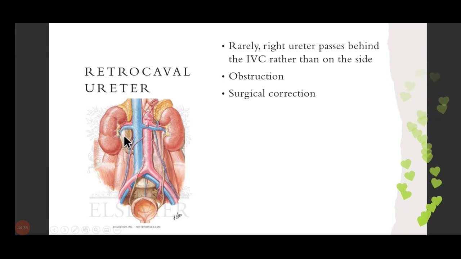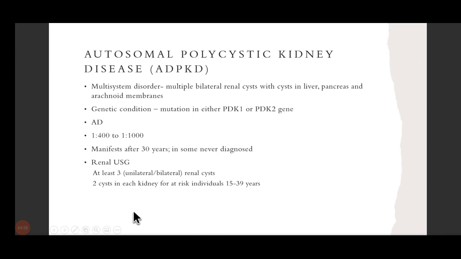This is also known as the fish hook sign. If you do a radiological X-ray, a dye study, you can see that there is a hook-like formation. So the patient may have unilateral hydronephrosis. Treatment is surgical. You divide the ureter and then let the ureter fall on the right side of the IVC.